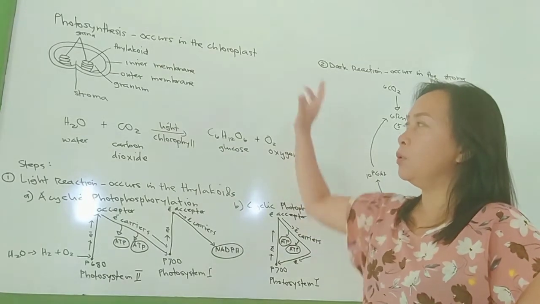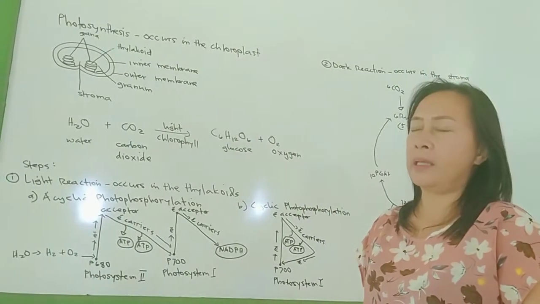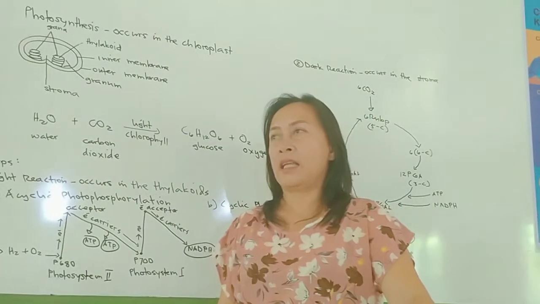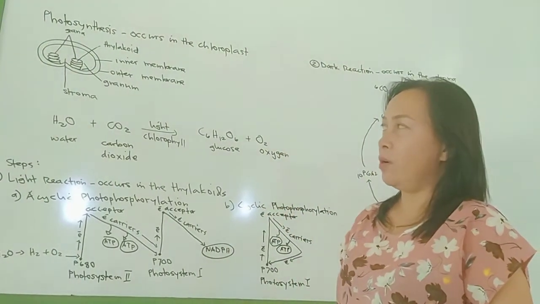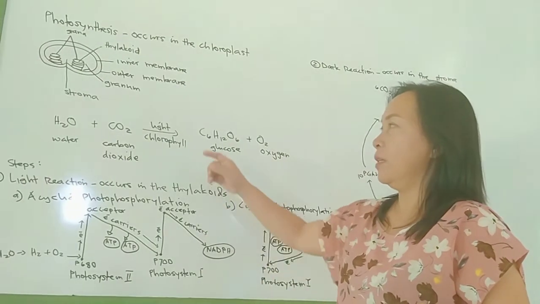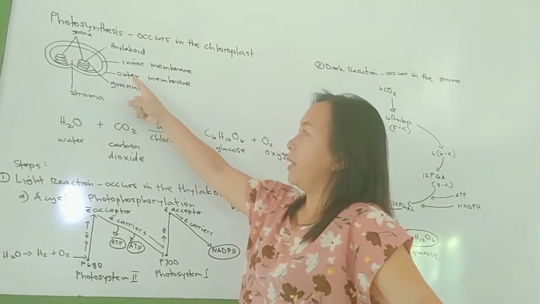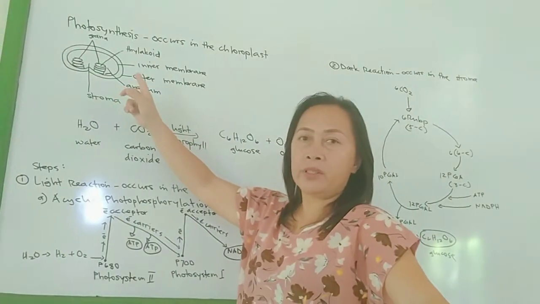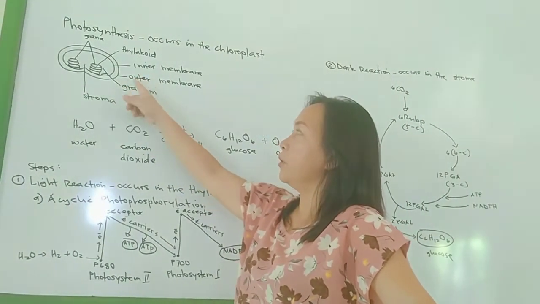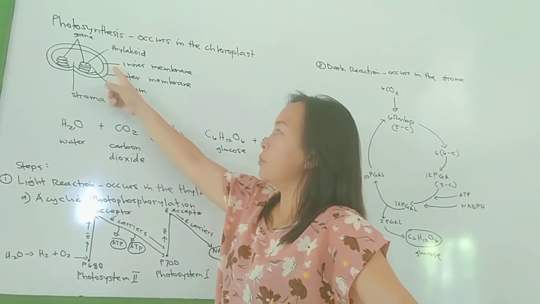Now, I'm bringing to you the structure of the chloroplast. Last time we talked about the cell parts and functions, and one of the cytoplasmic organelles in plant cell is the chloroplast. So this is now the structure. The chloroplast is a double membrane structure consisting of the outer membrane and the inner membrane.